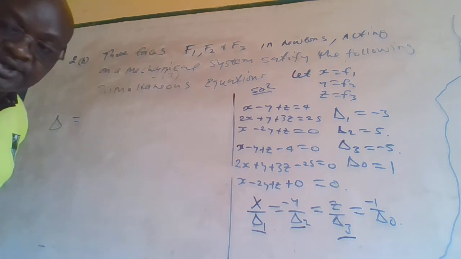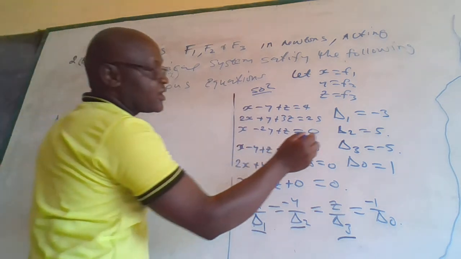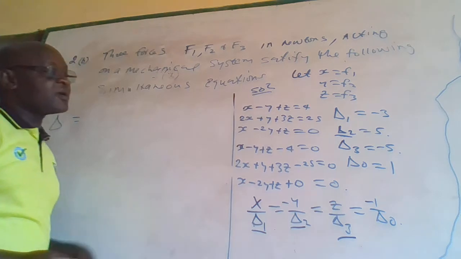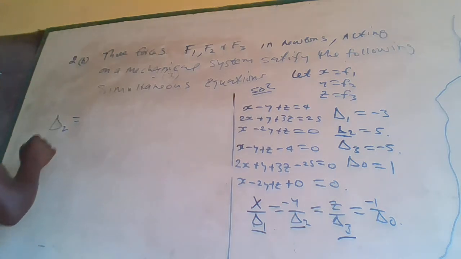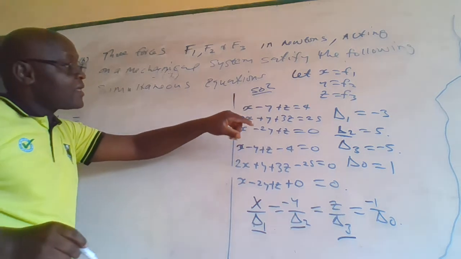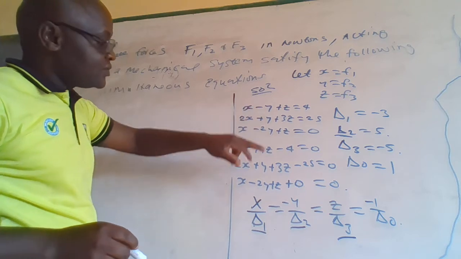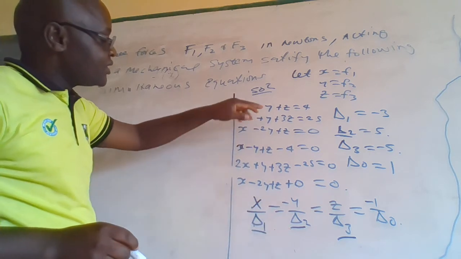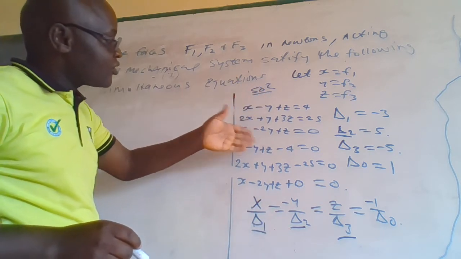Now, before we proceed, I want us to confirm del 2. We say that for del 2, we omit the y coefficients.